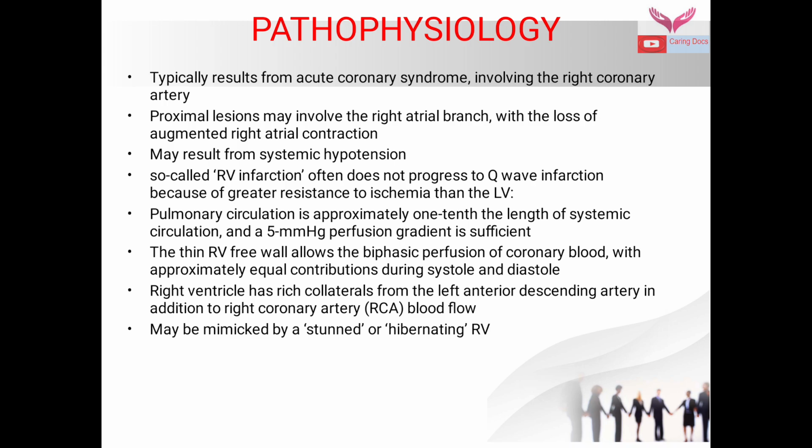The thin right ventricular free wall allows biphasic perfusion of coronary blood with approximately equal contribution during systole and diastole. The right ventricle has rich collaterals from the left anterior descending artery in addition to the right coronary artery blood flow. So it may be mimicked by a stunned or hibernating right ventricle.